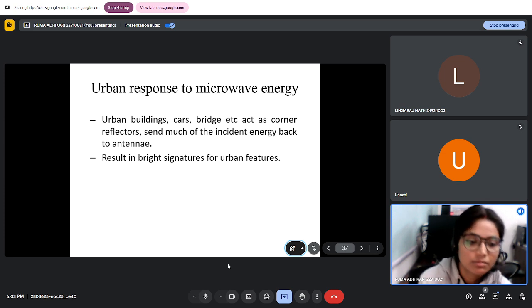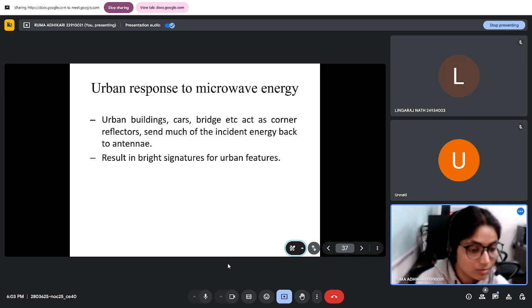How are urban buildings sensitive to microwave energy? The urban buildings, cars, bridges, etc. act as corner reflectors, sending much of the incident energy back to the antenna, resulting in bright signatures for urban features. When we say urban features, what do we really mean? It is not only the buildings, cars and bridges.